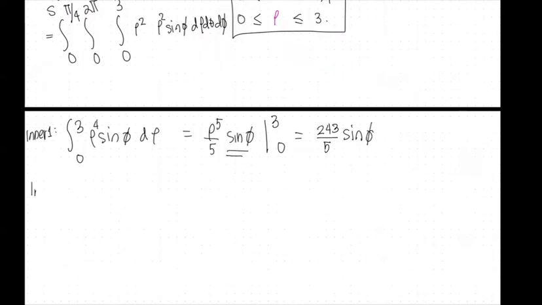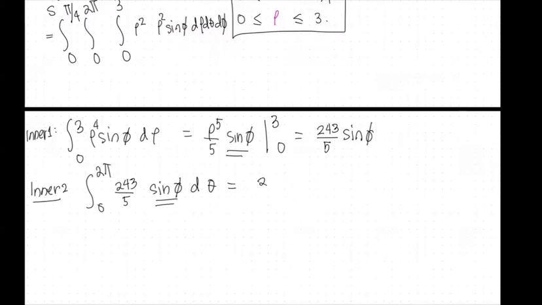Now, for the second level, we get the integral from 0 to 2 pi of 243 over 5 sine of phi d theta. This is just with respect to theta, so sine phi is also fixed.